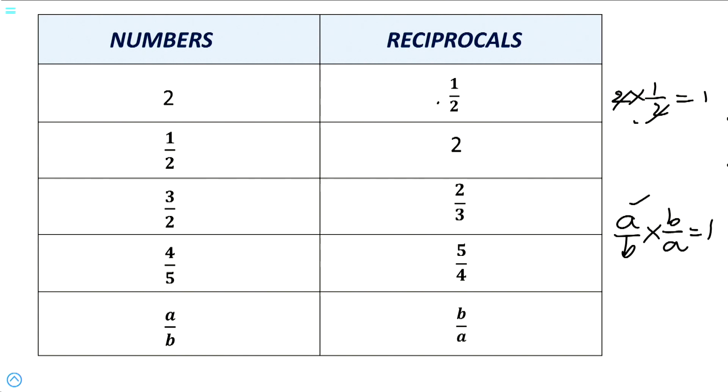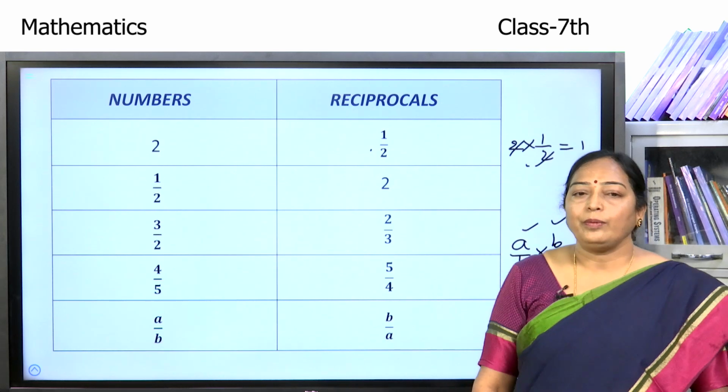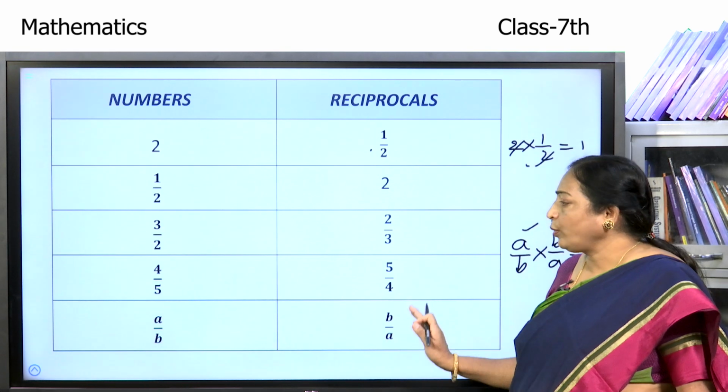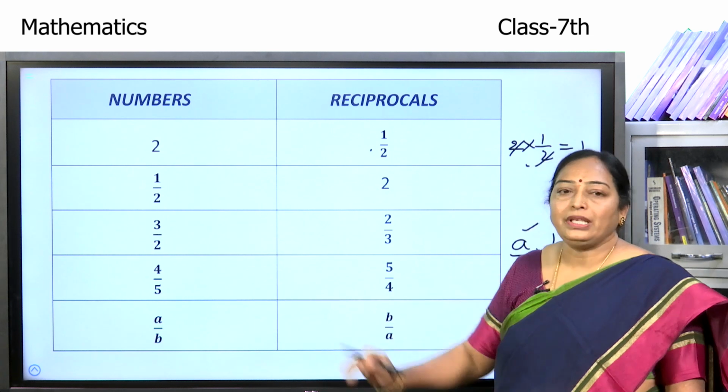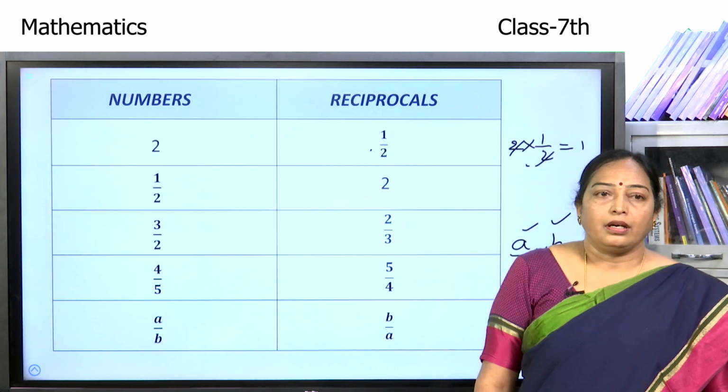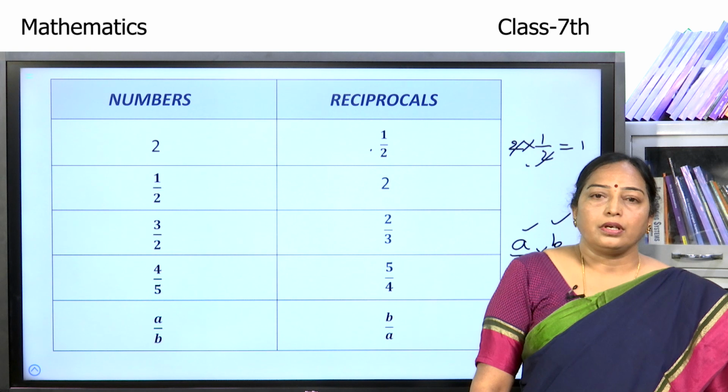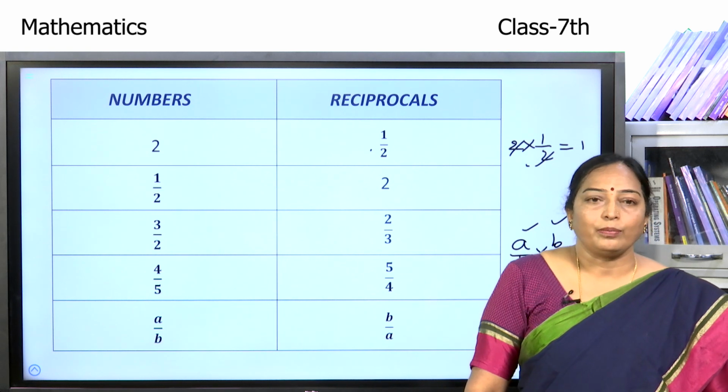The product of the number and its reciprocal is always 1. Therefore, b by a is the reciprocal of the fraction a by b. Now, we understood how to write the reciprocal of the numbers.